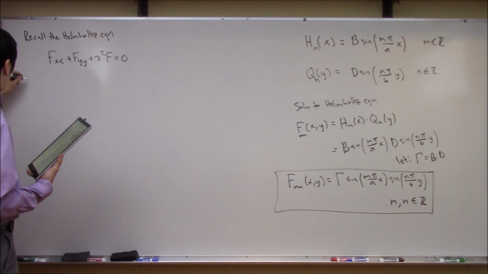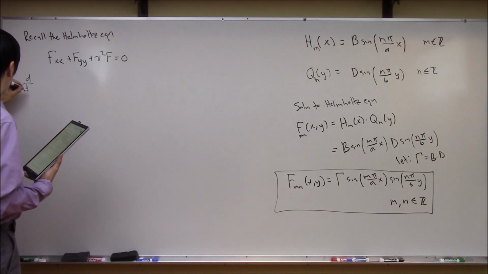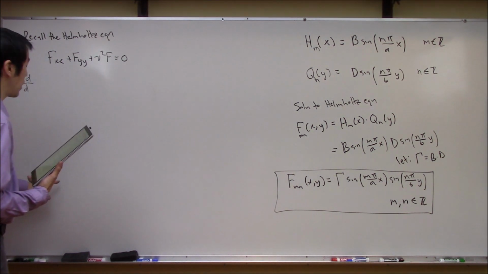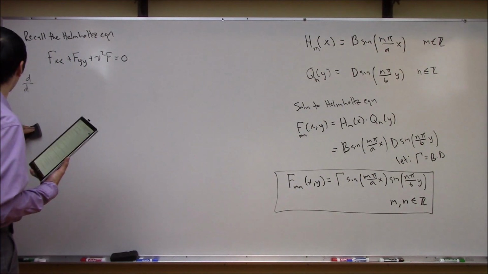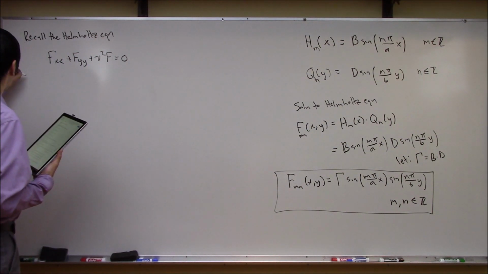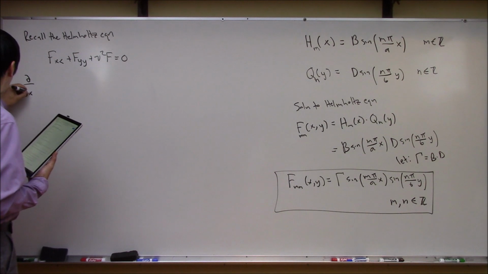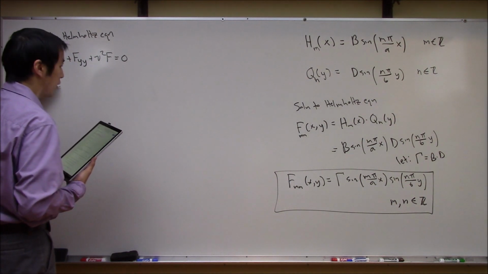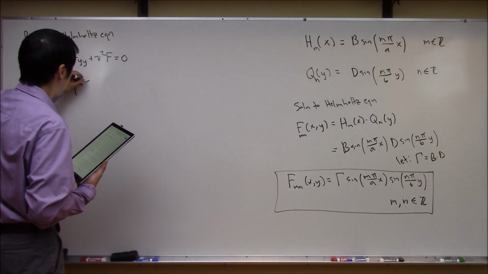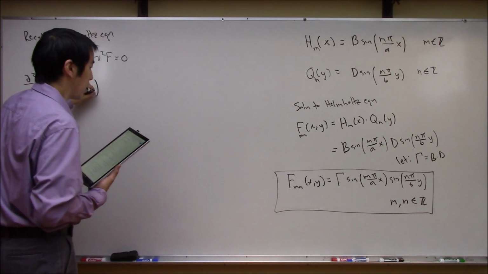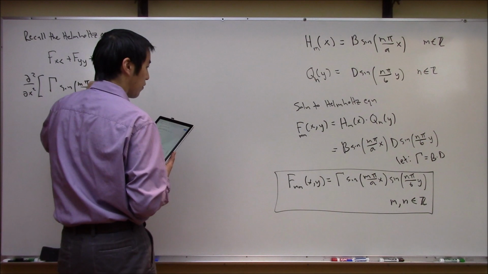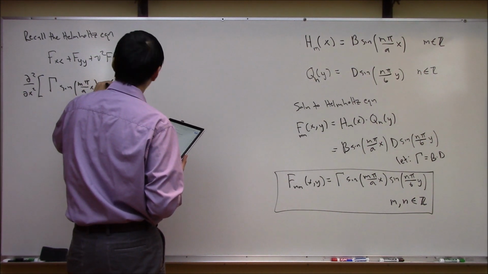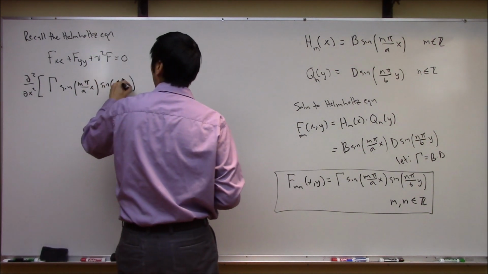So in other words, we need to take the second, well actually, now I better use partials, because this is now talking partials. So this is partial with respect to x squared of that whole thing, of gamma sine of m pi over ax times sine of n pi over by, right?